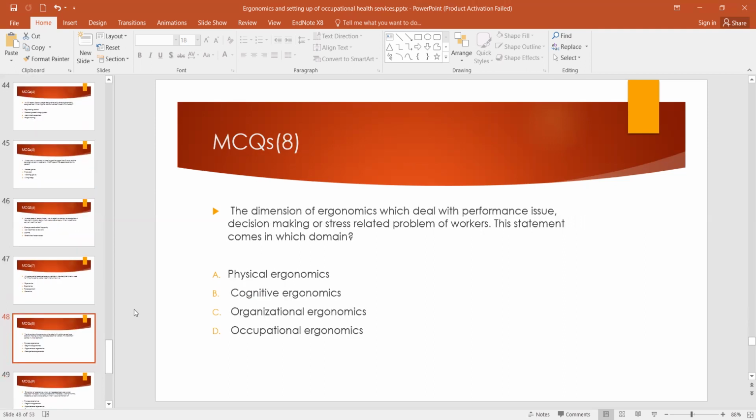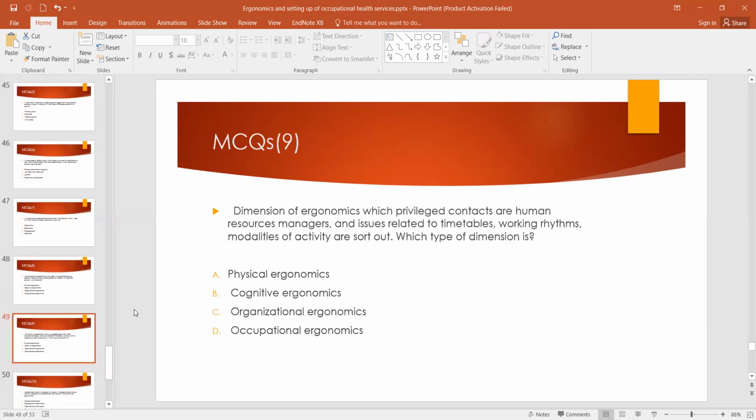The dimension of ergonomics which deals with performance issues, decision making, or stress related problems of workers: this statement comes in which domain? Physical ergonomics, cognitive ergonomics, organizational ergonomics, or occupational ergonomics? B, cognitive ergonomics.